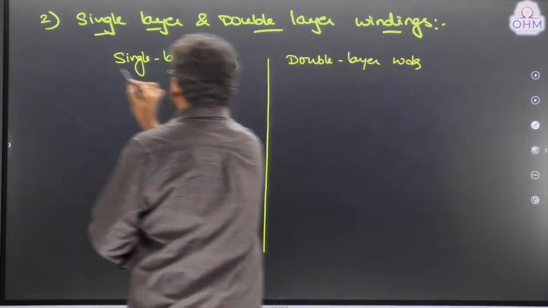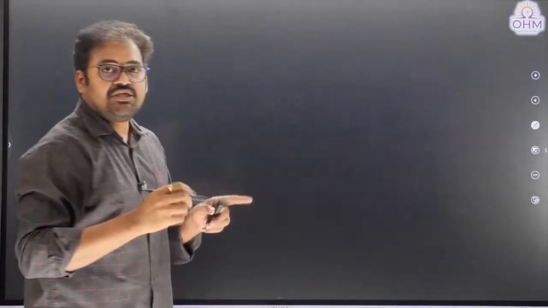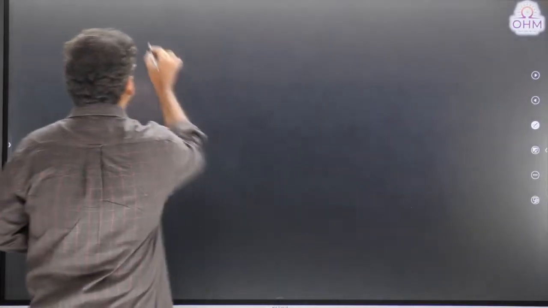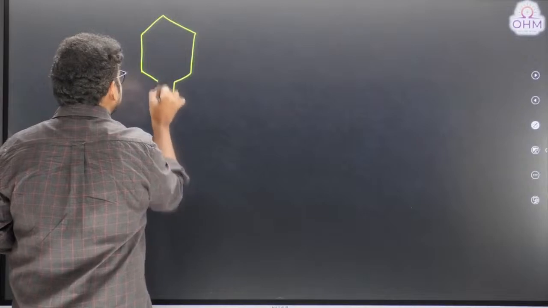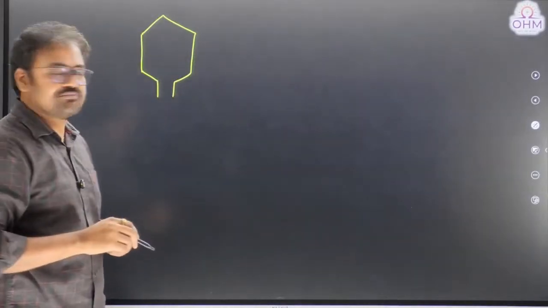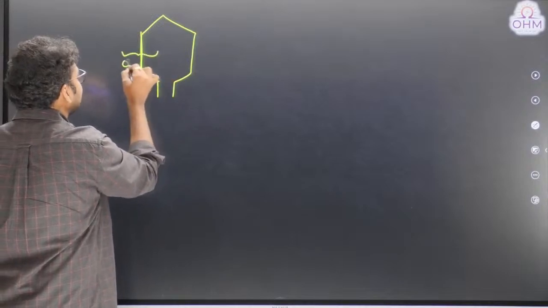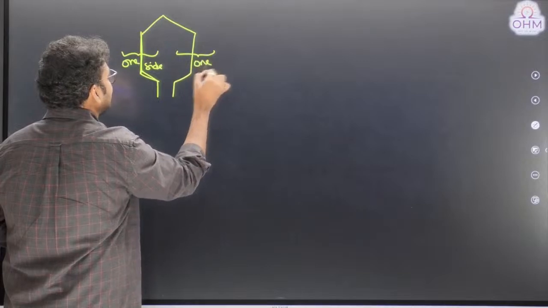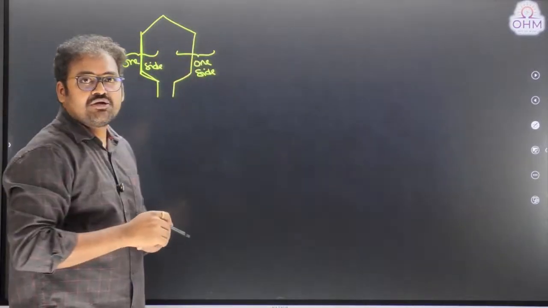First of all, you need to understand that a coil will have at least how many sides? Two sides. Suppose I wanted to draw a coil diagram, this is a one turn coil. This is one side of the coil, and this is the other side of the coil. Therefore, a coil will have two sides.